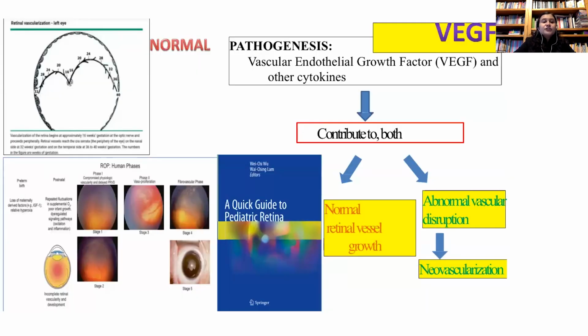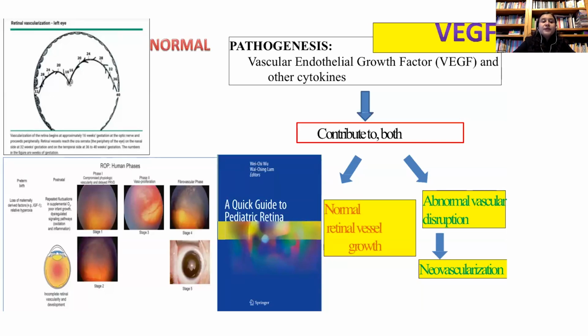The vascularization of the retina begins at approximately 15 to 16 weeks at the optic disc, and later goes into the peripheral retina. It is completed by 32 weeks at the nasal retina and by 40 weeks at the temporal retina.